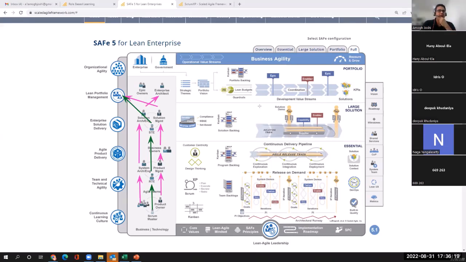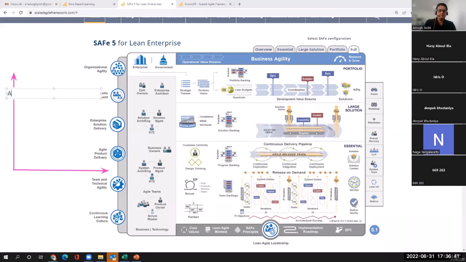Okay, now coming back, let me explain the difference, if someone asks you what is the difference between SAFe and other scaling frameworks. If we have this particular graph, on the top side, this is your applicability. Applicability means how easy it is to apply that particular framework.